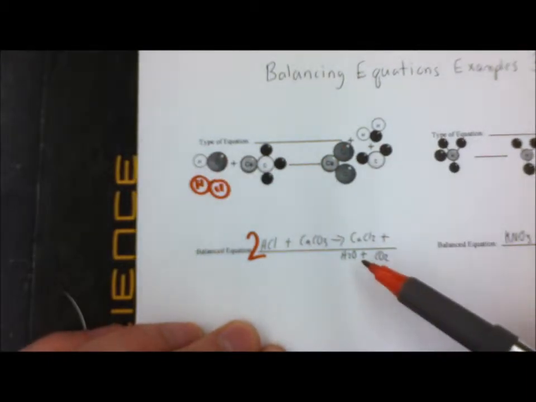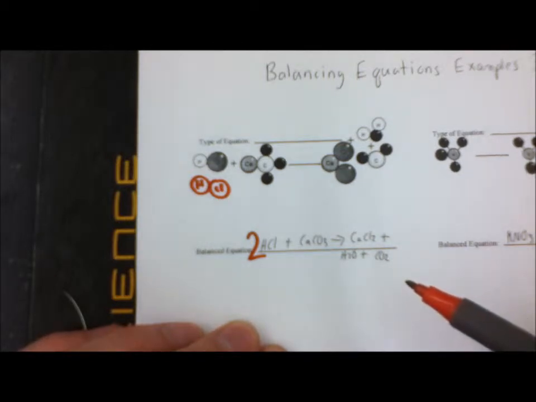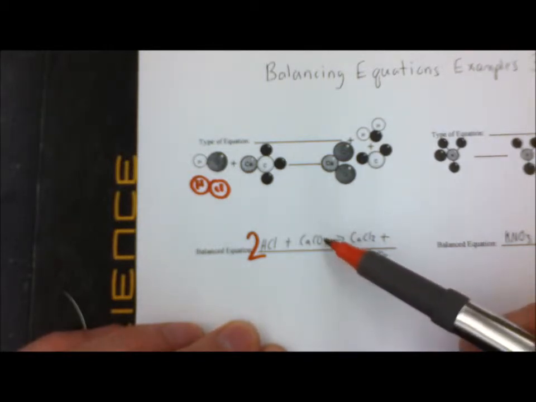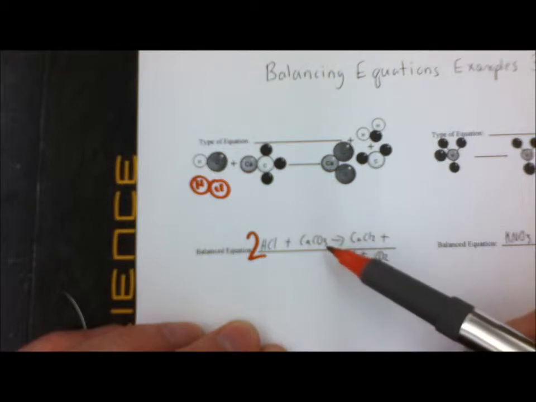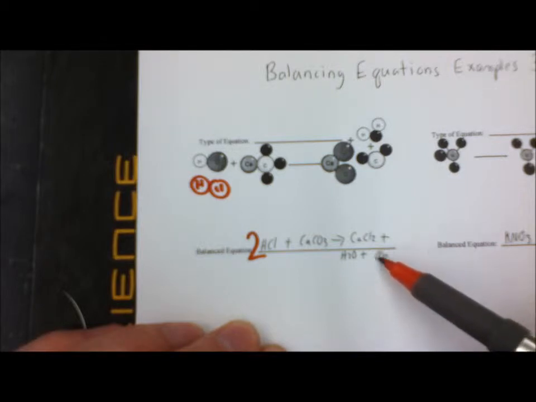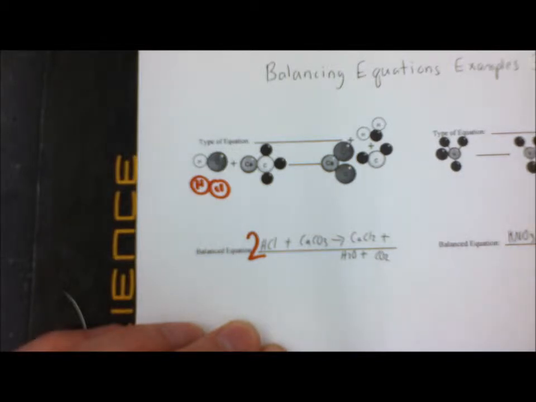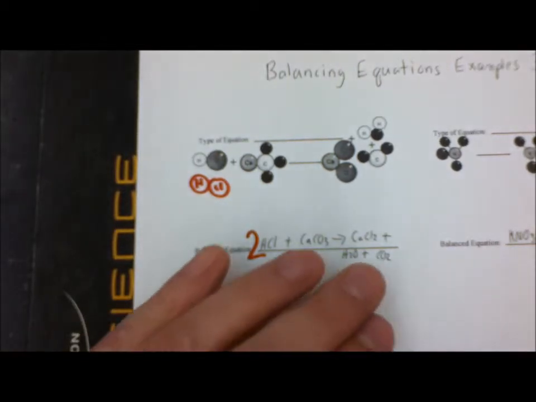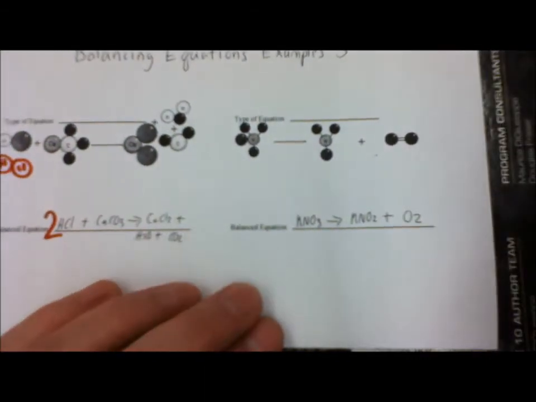Look at the product side: we've got 2 hydrogens there, so the hydrogens are balanced. Let's look at the oxygens. We've got 3 oxygens there because of the 3 subscript. Let's count the oxygens here: 1, 2, 3. So that gives us 3 oxygens. That equation is balanced. Let's go to the next example.